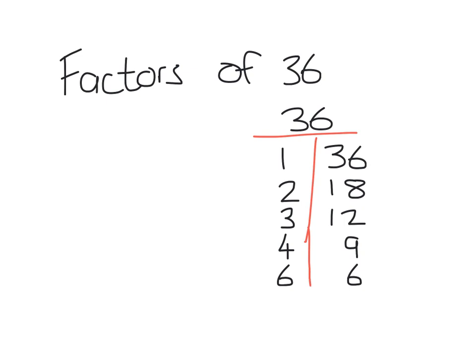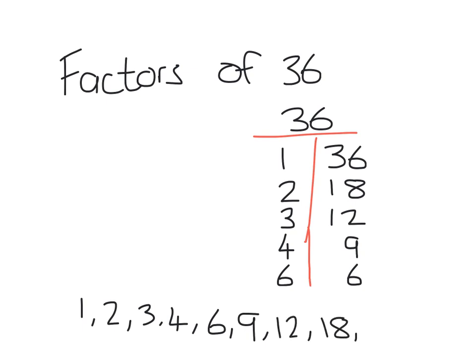Now when it comes to writing out our factors, we've got 1, 2, 3, 4, 6. Now whilst I've got 6 written twice when I found the factors, when I'm listing them, I only write 6 once. So I've got 9, 12, 18, and 36.